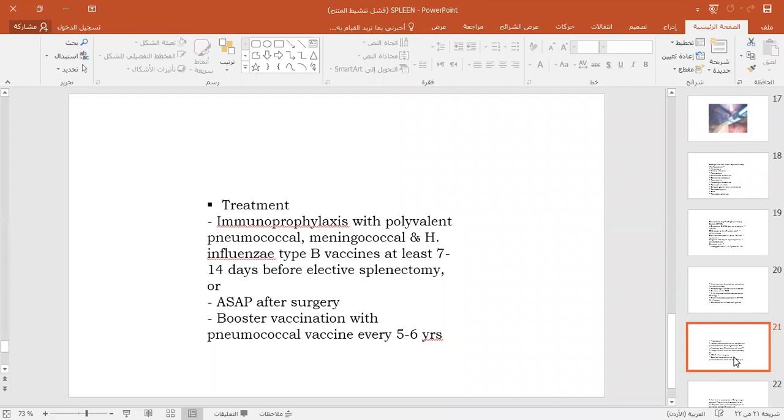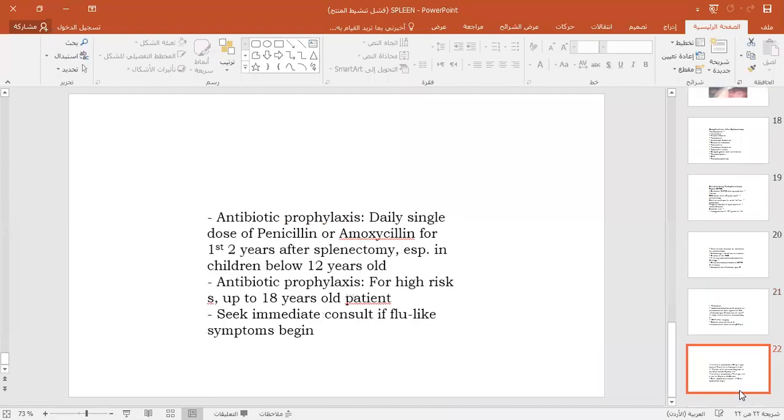When the splenectomy is an emergency due to trauma, we can give the vaccine after surgery, as soon as possible. Booster vaccination with the pneumococcal vaccine every 5 to 6 years. We give a booster dose of vaccine.